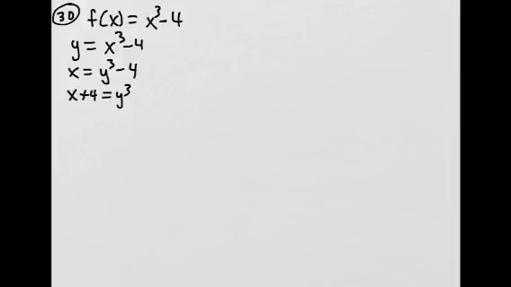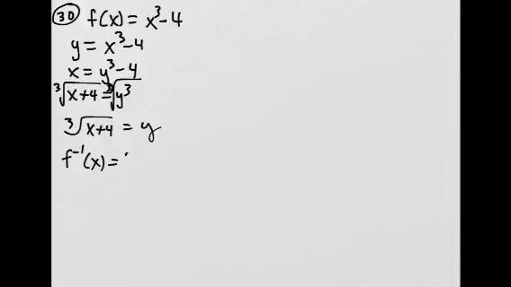Okay, so I need y by itself, so I'm going to take the cube root of both sides. That's a 3 right there. And so on the left side I have the cube root of x plus 4. On the right I just have y. So switch the notation to inverse function. And there's the answer.